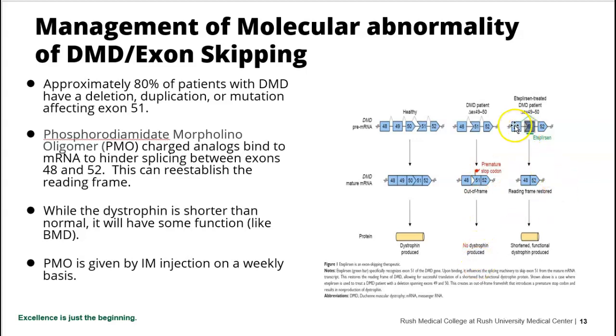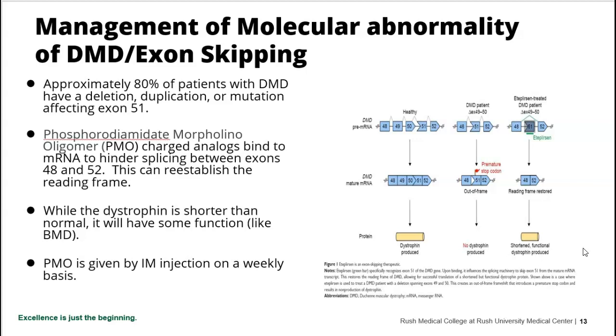But what if, as we're splicing, while we're still in the nucleus, we add this PMO to block this? So it skips from 48 to 52, so it misses the abnormality on exon 51. And then you get dystrophin. Maybe it's a little bit smaller than it should be, but you still get a protein.